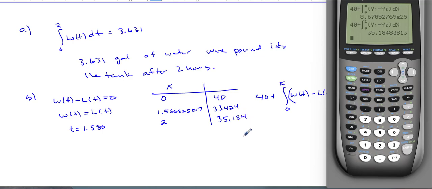Okay, so when is the minimum amount of water in the tank? Well, it's at time 1.580, right? Again, it happened at the critical number. It could happen at the endpoints.